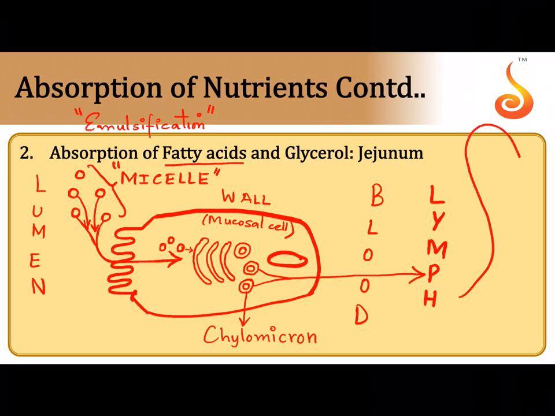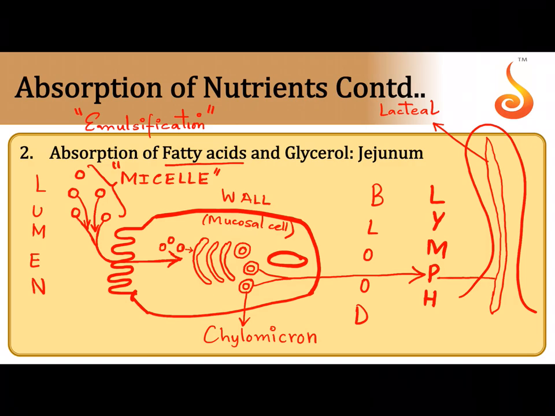Where is the lymph present? If this is the villi of the small intestine, inside the villi there will be a lymph vessel. What is this lymph vessel called? This is referred to as the lacteal. So the chylomicrons are absorbed directly into the lacteal. Surrounding the lacteal, however, there is a capillary network.